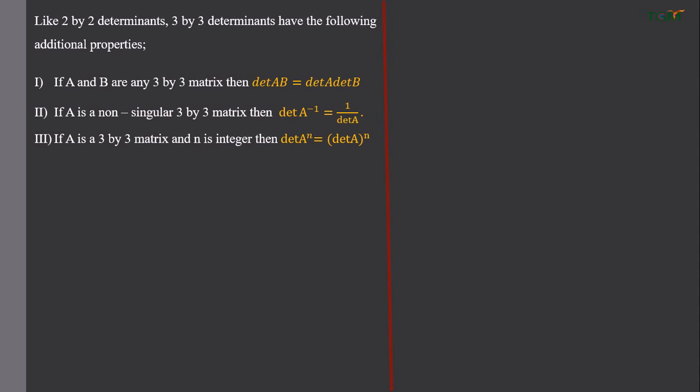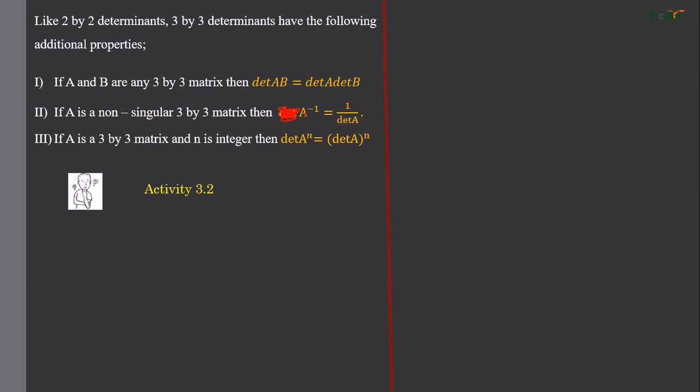If A is a non-singular 3 by 3 matrix, then the determinant of A inverse should be equal to 1 over determinant A. If A is a 3 by 3 matrix and n is any integer, then the determinant of A to power n is equal to the determinant of A in brackets raised to power n.